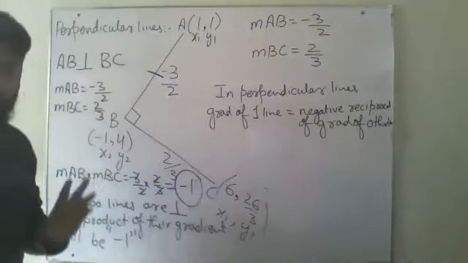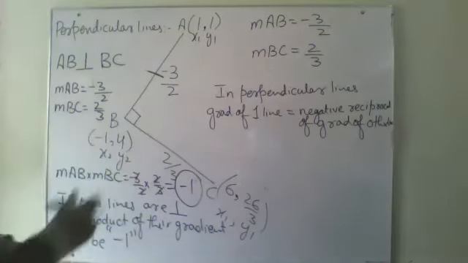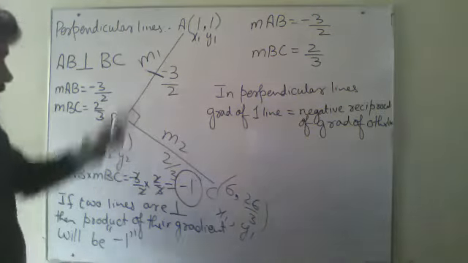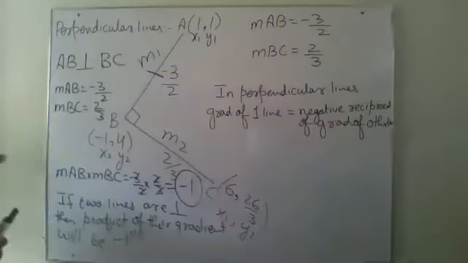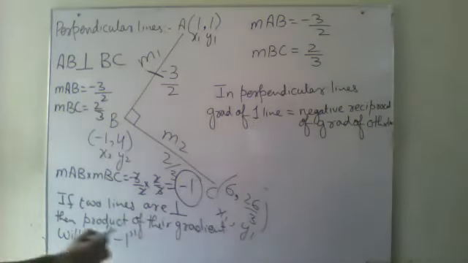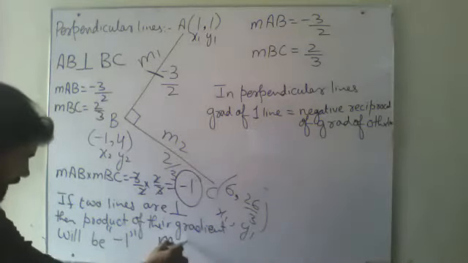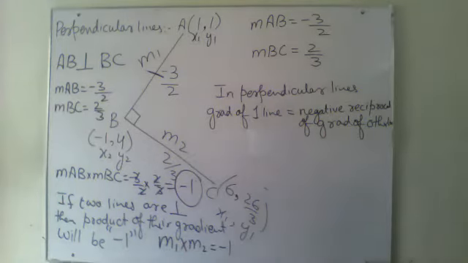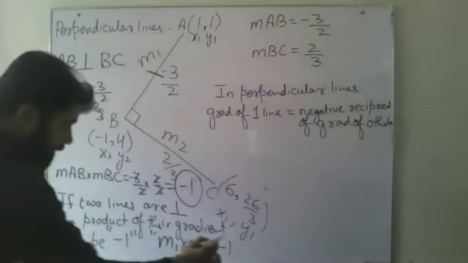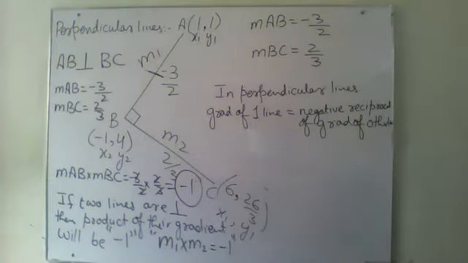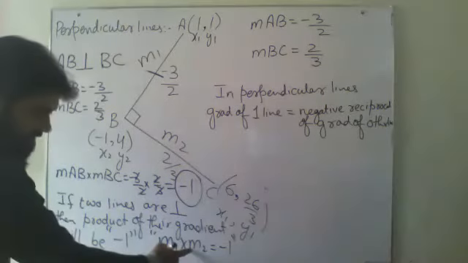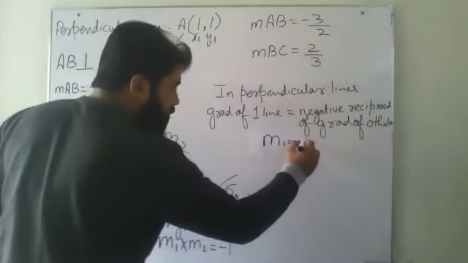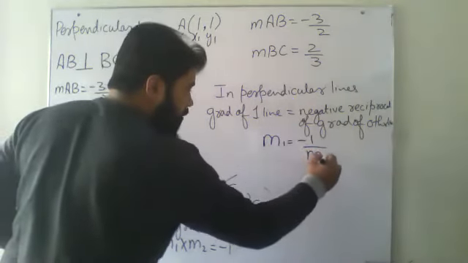Okay, so now I have given you two rules. For instance, this is the gradient m1 and this is the gradient m2, and both lines are perpendicular. So you can remember it in two ways, beta. Either m1 into m2 equals minus 1. Or, if I shift m2 over here, m1 equals minus 1 over m2.